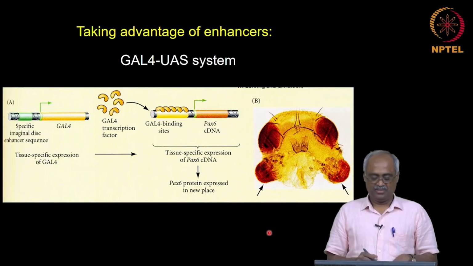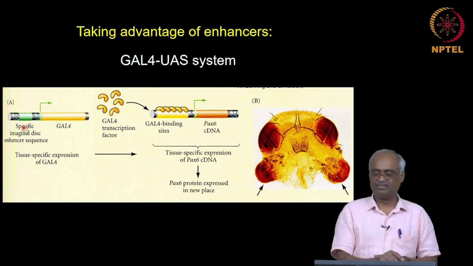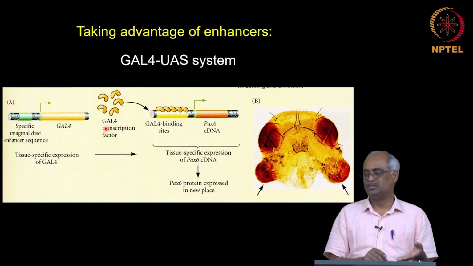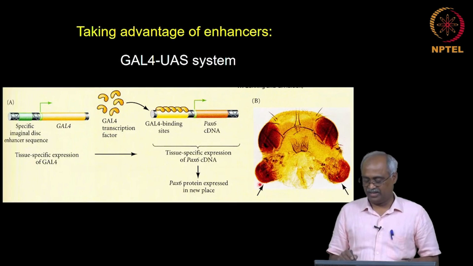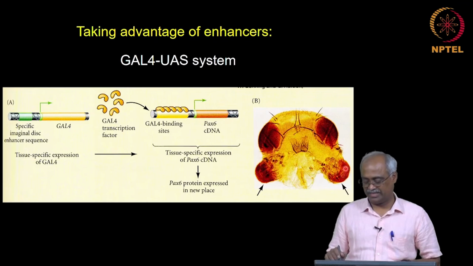Now when you cross both and make a double mutant, you are going to produce PAX6 protein where normally the enhancer would drive the GAL4 expression. In this particular case it is not the eye, it is another structure in the thorax or in the head region, where by driving PAX6 they were able to induce the formation of an eye. Probably the antenna in this case, I think I have to check the book.